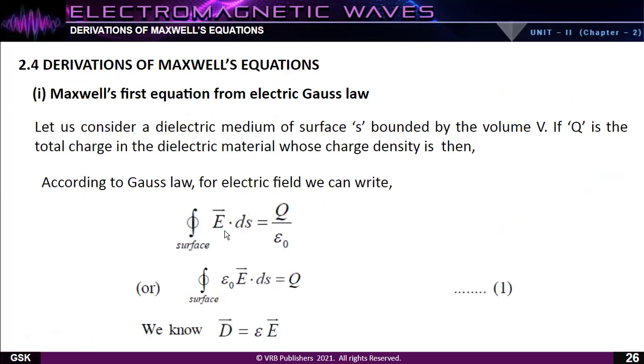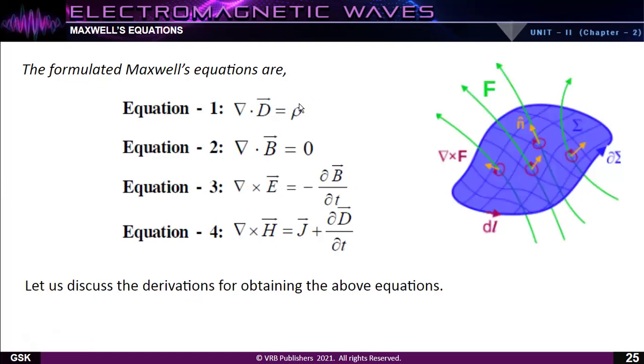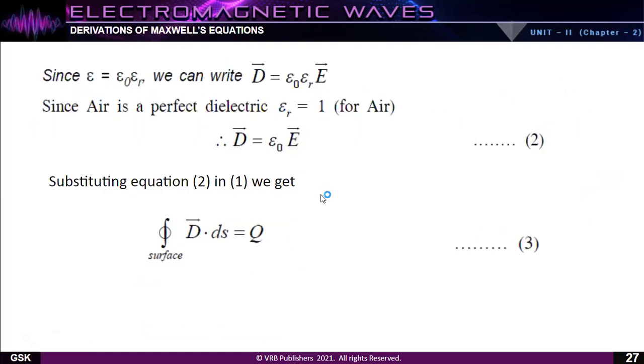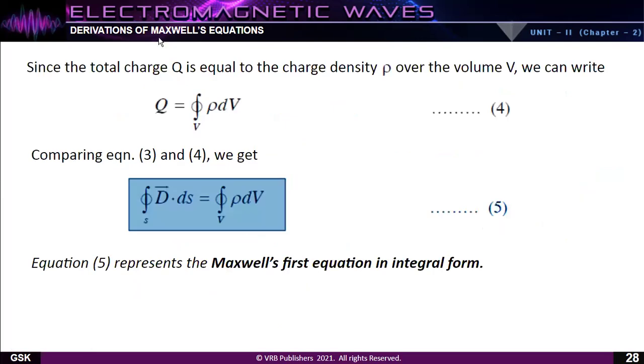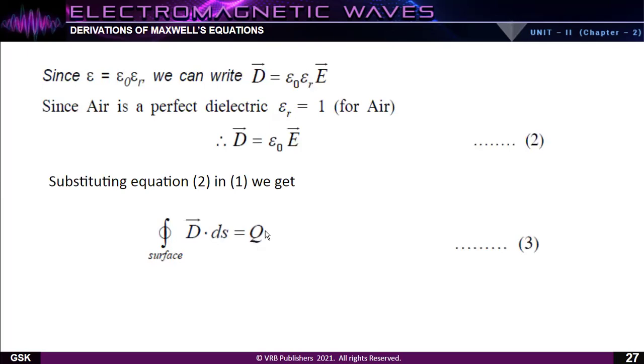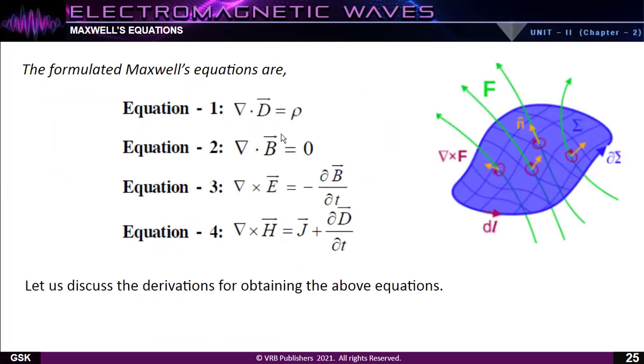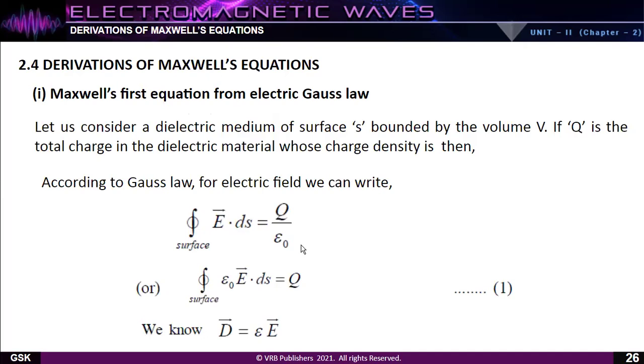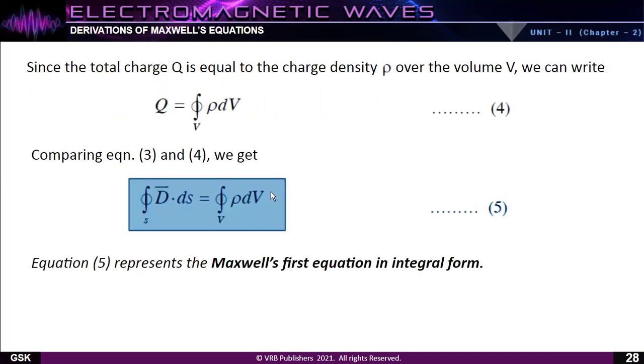This E can be replaced by D, and the right hand side Q by epsilon naught can be replaced by rho. So on the left hand side, we got the closed surface integral of D dot ds is equal to Q. Then on the right hand side, here we have Q, but in the Maxwell equation we have rho. So we have to relate Q and rho.